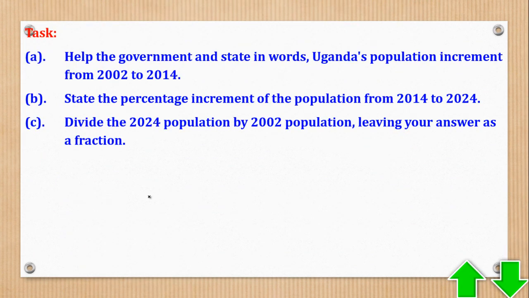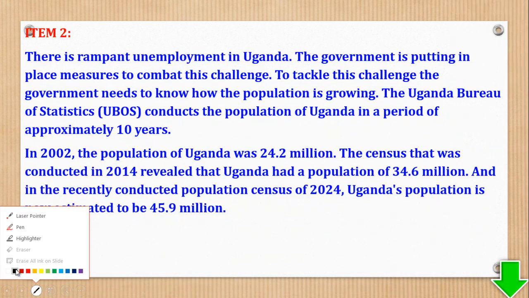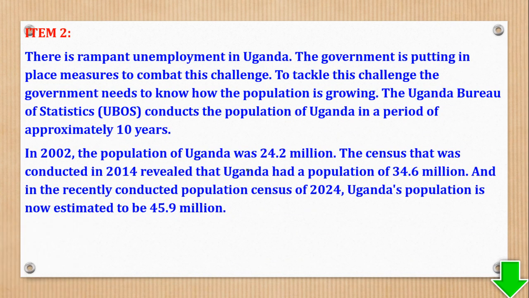Now, task A. Help the government and state in words the Uganda's population increment from 2002 up to 2014. So not the years, 2002 to 2014. So your work was to come and look at 2002, what was the population? 2002, the population was this.